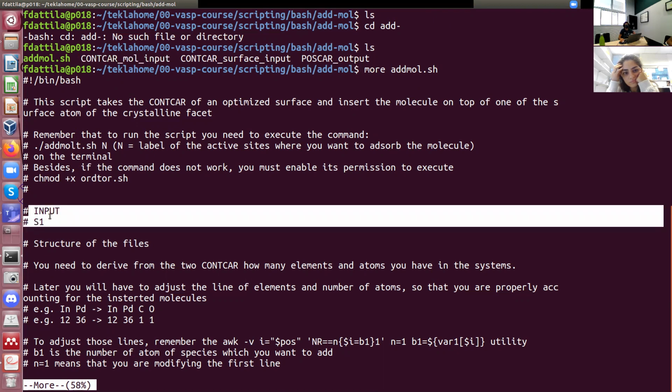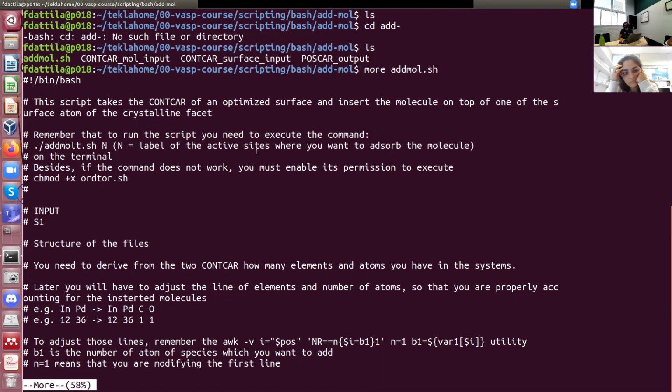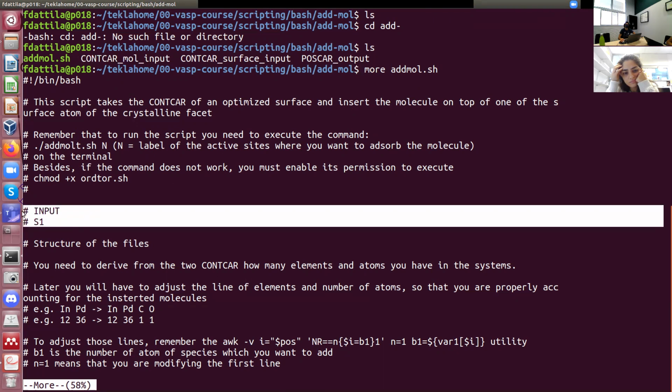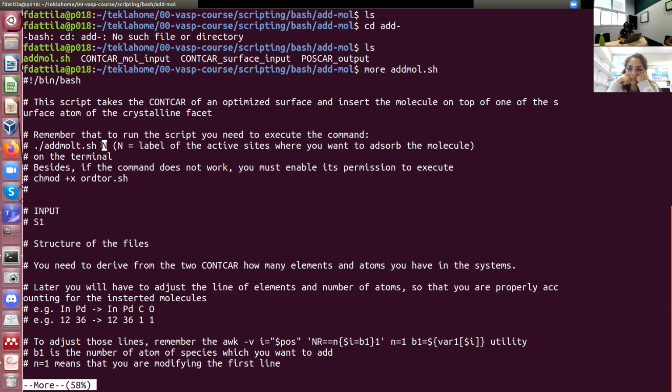Input, $1. Whenever you put input in bash, you always put this, okay? You can also avoid this line because it's commented, but this is just to remind you that whenever you would like to read this number, this n, you need to write it as a variable, $1. If you put $2, it means that your script will read whatever number as the second variable. $3, third variable, okay?